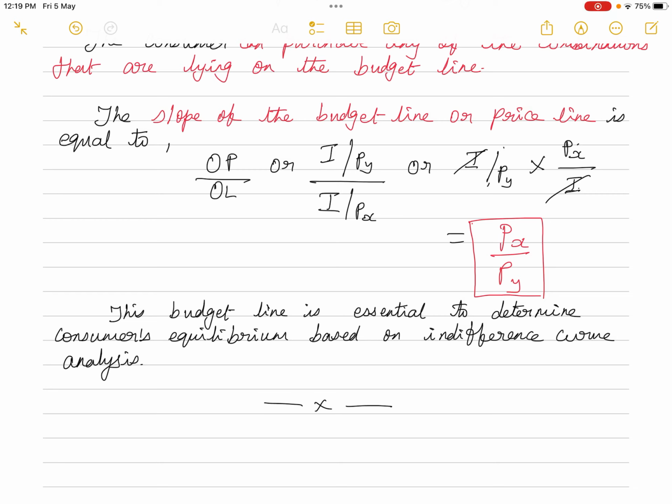The budget line will be tangent at only one point on the indifference curve. That means his preference is matched along with this budget, so that combination the consumer will choose and he will be in the equilibrium position. That's why the budget line is essential to determine consumer's equilibrium based on indifference curve analysis. So this is the answer.